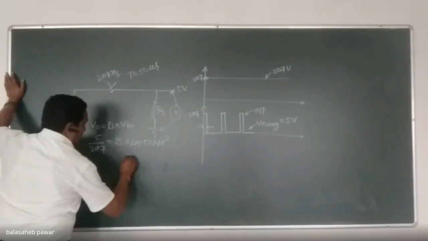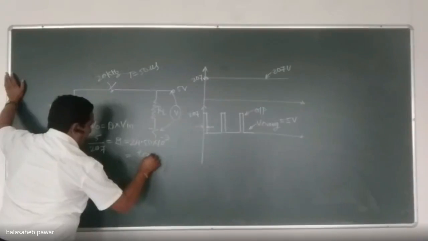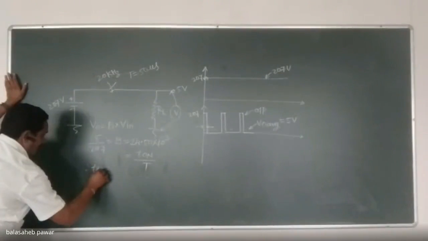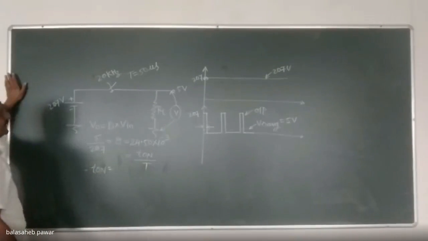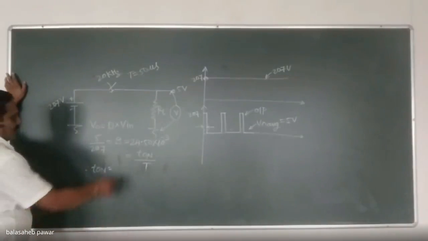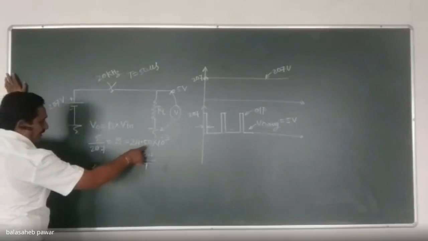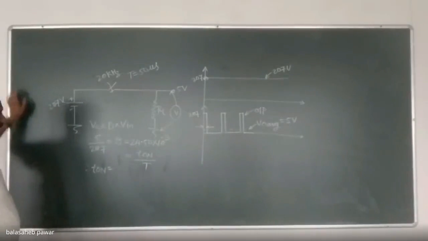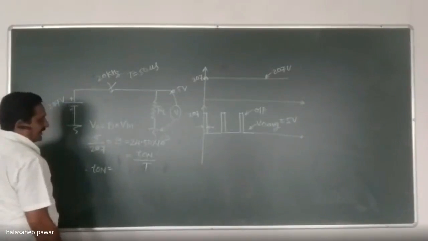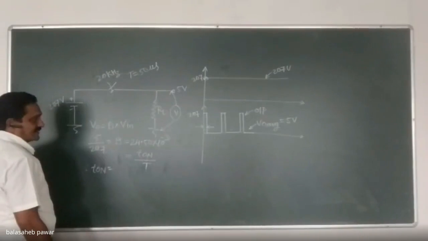Duty cycle equals T on divided by capital T. Right? Therefore, T on equals capital T, that is 50 microseconds, into 24.50 into 10 raised to minus 3. How much is T on now? I think it is 1.2 microseconds.